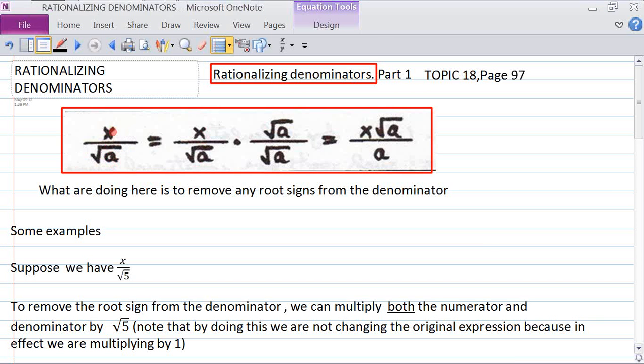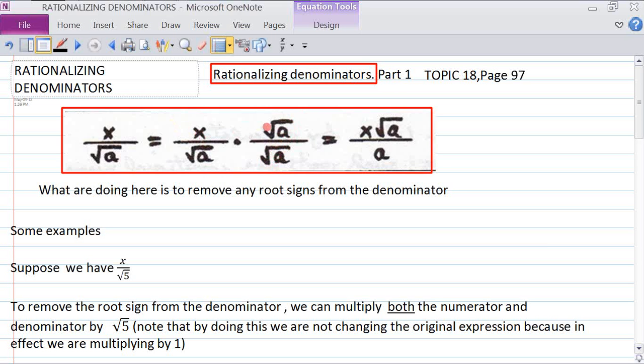Well, we rewrite this x over root a, and then we multiply the top and bottom by whatever this term is here. So we're going to multiply the top and bottom by root a over root a, which is essentially 1. So when I multiply by 1, I'm not changing anything.